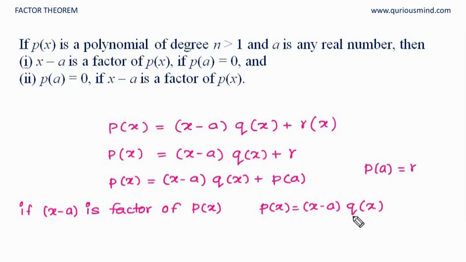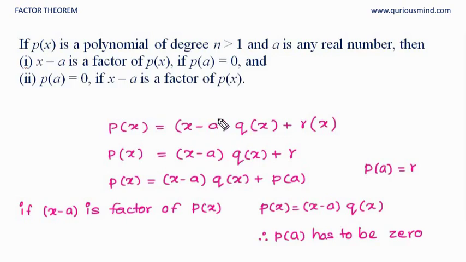If it is a factor. Now comparing these two, this is true only if P(a) is 0. And therefore P(a) has to be 0. And that is what is proved, because if x minus a is a factor, P(a) has to be 0. If P(a) is 0, x minus a is a factor. And that is what the factor theorem states.